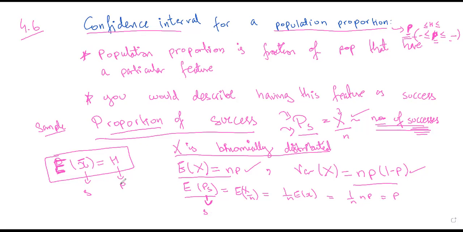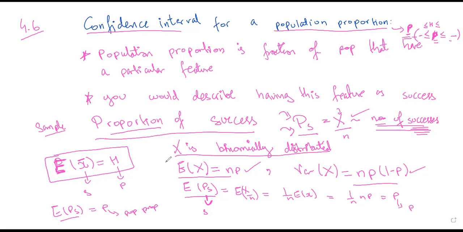This is sample proportion, and this P is population proportion. And by derivation, we got these equal, right? So we have E of P of S equals P. This is the expected value of sample proportion, that is basically the population proportion.